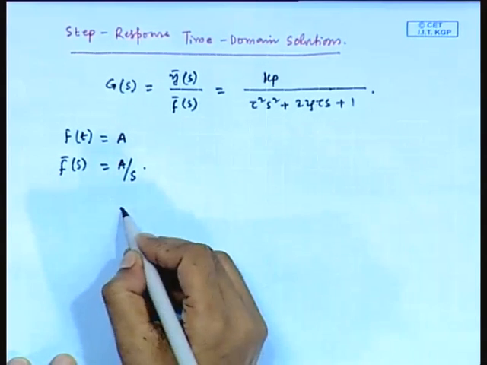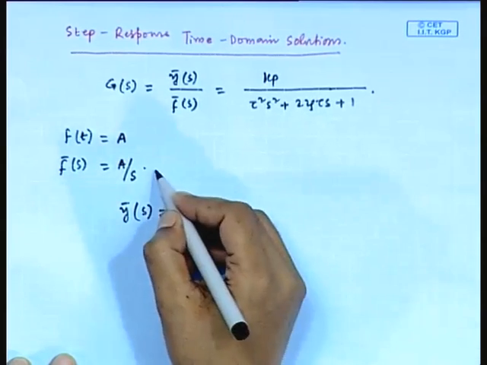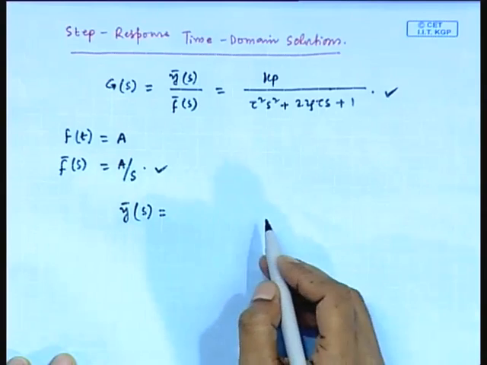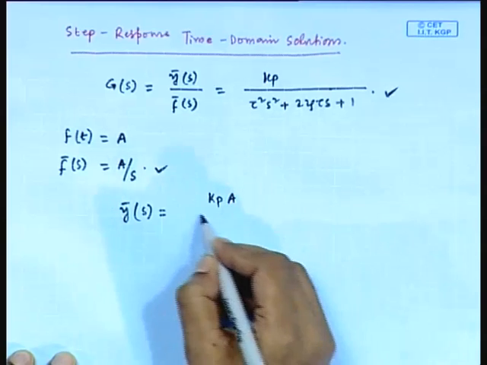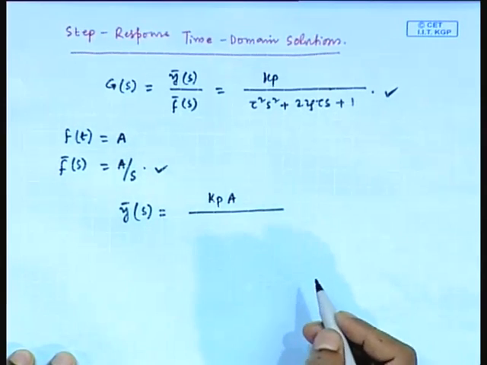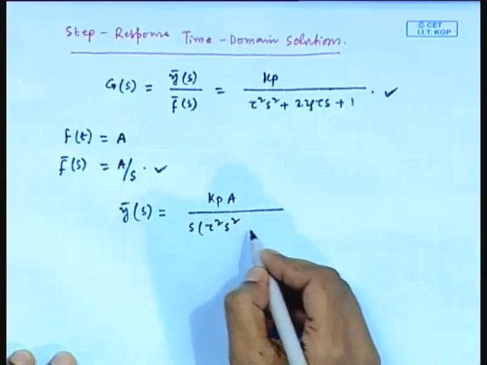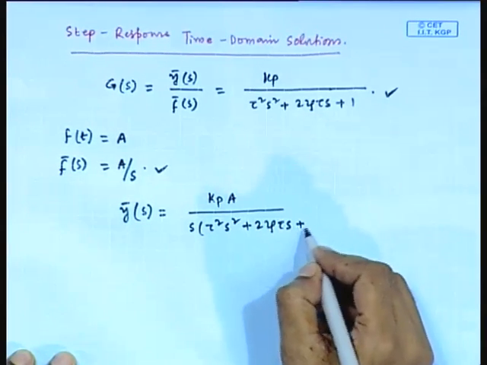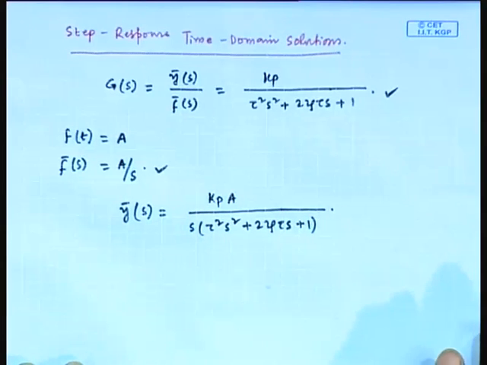Fine. Now, introducing this f bar s expression in this general form of transfer function, we obtain y bar s equals Kp a divided by s times tau square s square plus 2 zeta tau s plus 1.